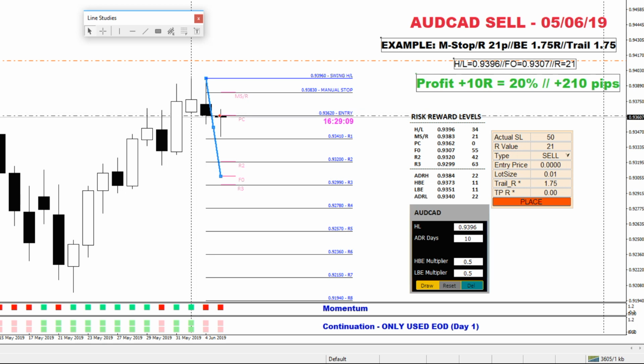So the first level we're looking for is 1.75R, then our stop will move to break even.